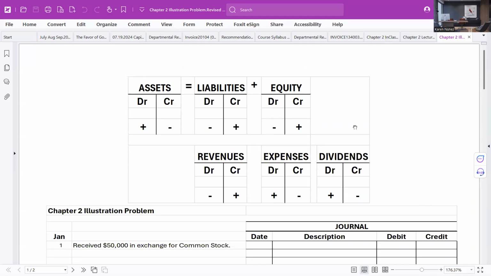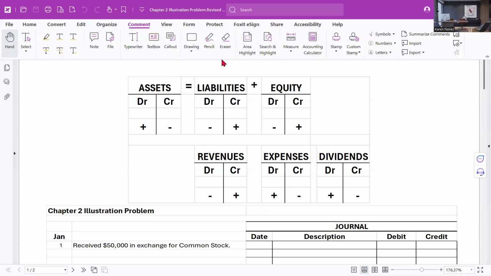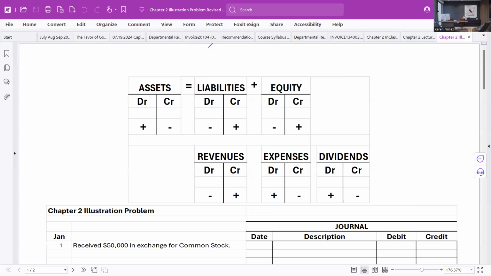Let's start with a review of these debit and credit rules for this chapter 2 illustration problem. Again, you want to make sure you commit these to memory, so that when we record transactions, we know what's happening.